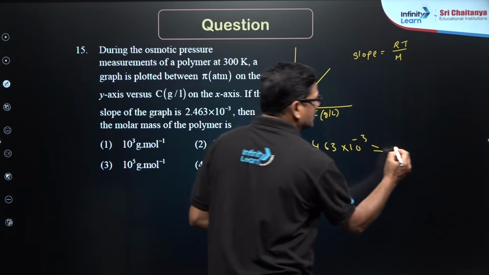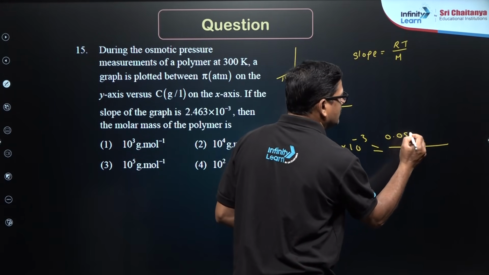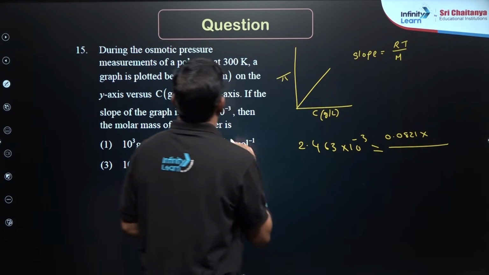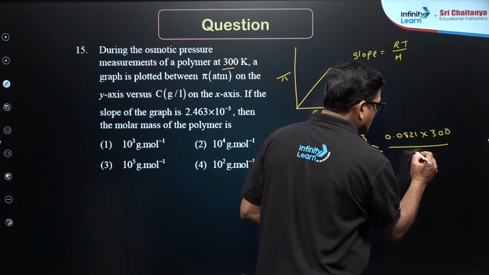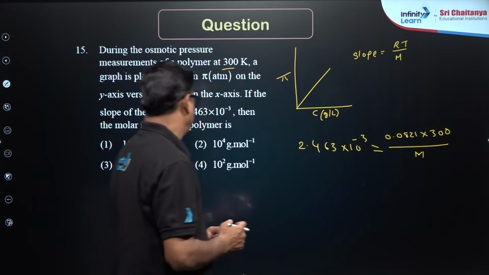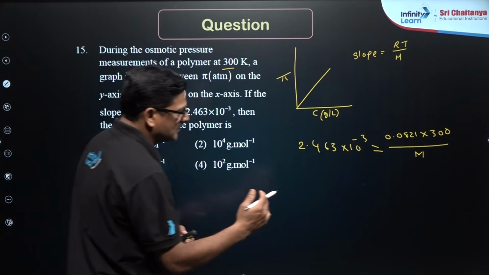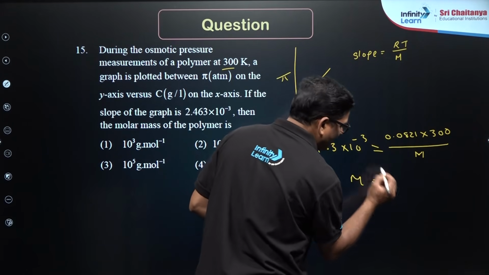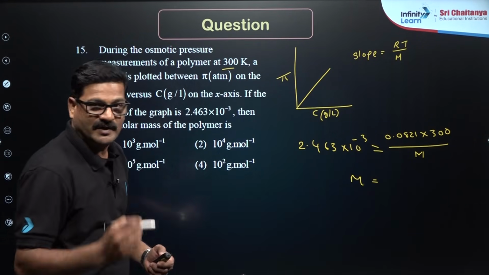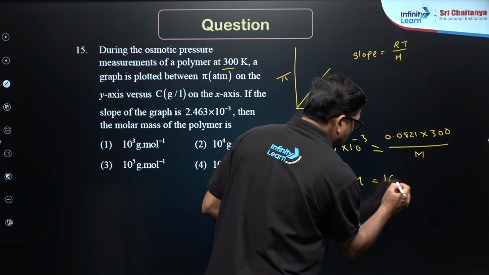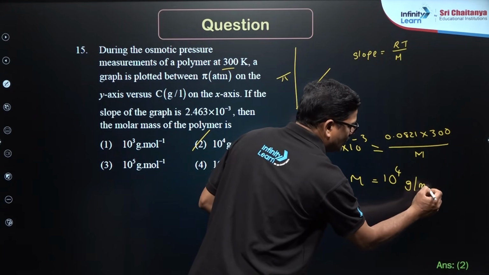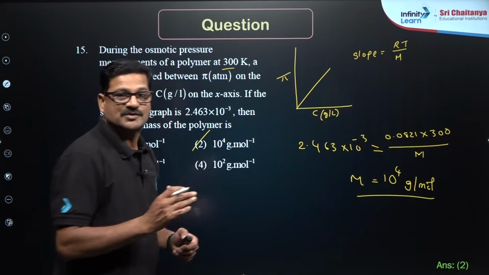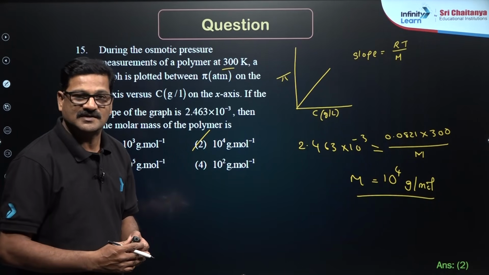That is equated with 0.0821 into temperature, it is given 300, and the molecular mass. If you do this, molecular mass comes to be 10 raised 4. So option 2, 10 raised 4 gram per mole. Option 2 is the correct answer for this question.